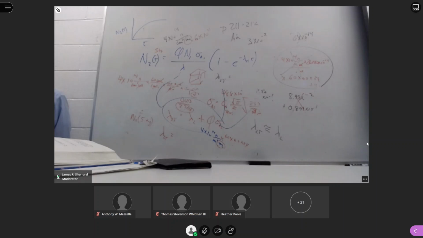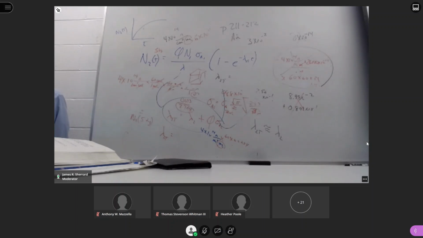Okay, for 12 points. This time, we've been asked to do neutron activation on tantalum-181 to produce tantalum-182. We start off with 9 times 10 to the 19th atoms of our target, tantalum-181.